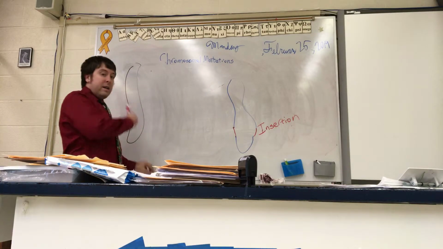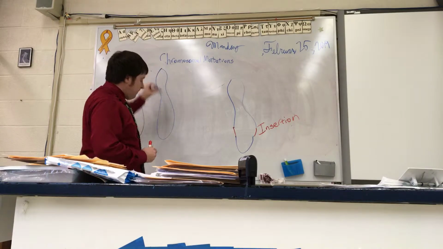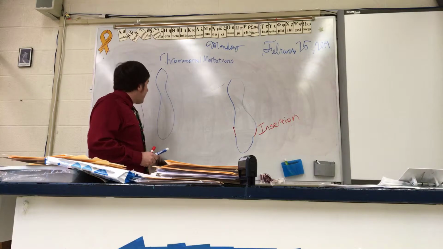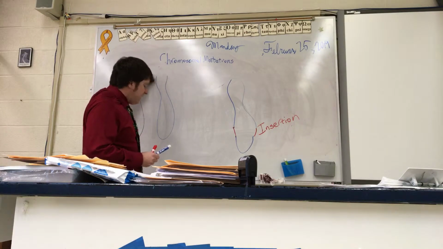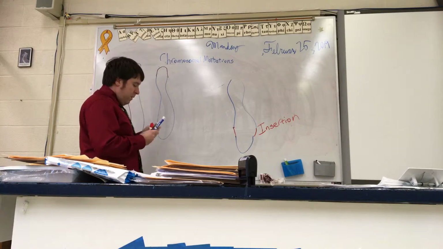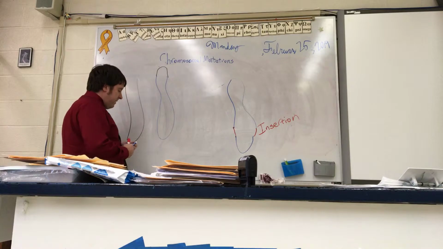So let's make one black and one blue. In a translocation, perhaps one segment on one side gets swapped with the other side. For instance, something like this takes place.